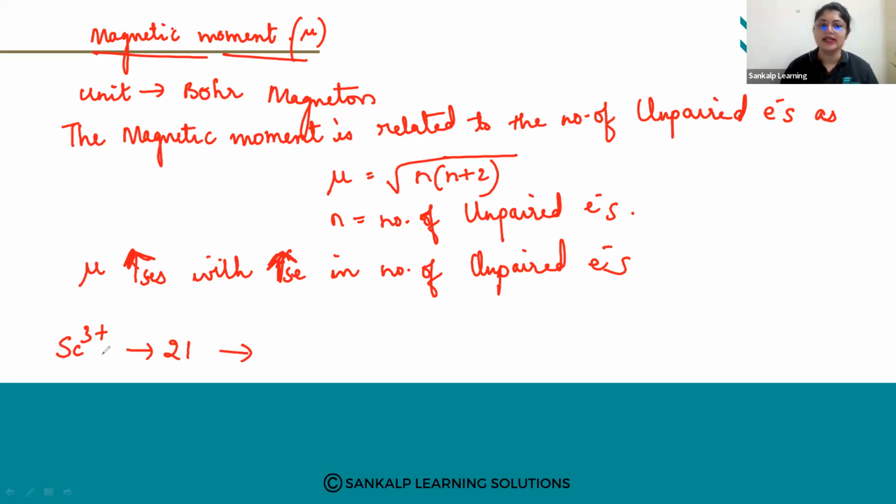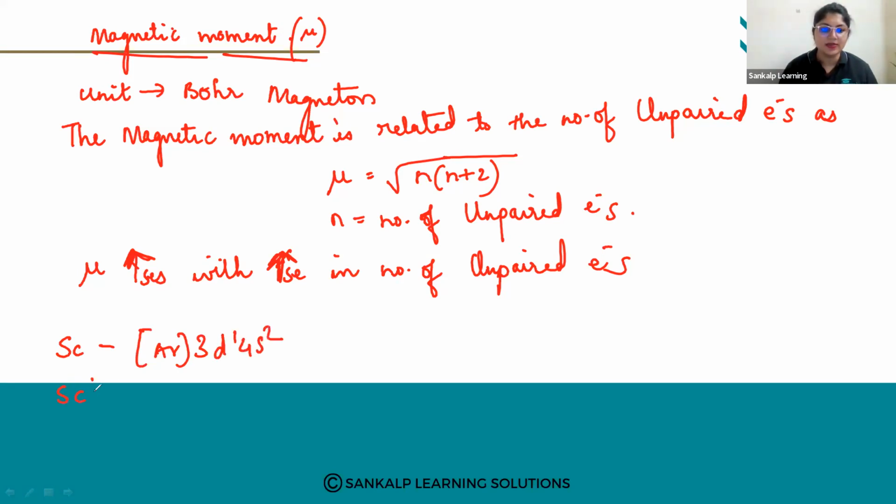So this will exhibit as Sc plus 3. First I'll write for scandium. Scandium will be argon 3d1 4s2.